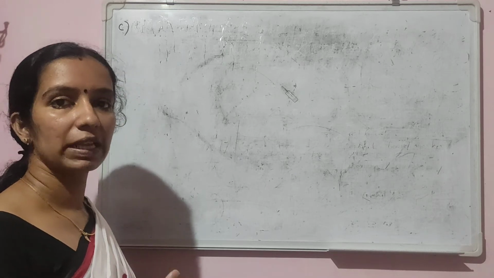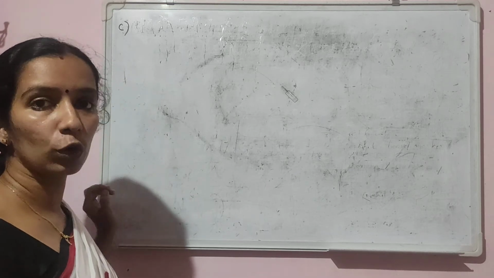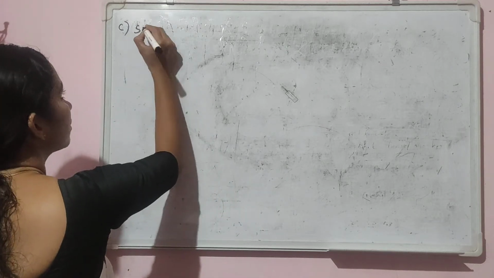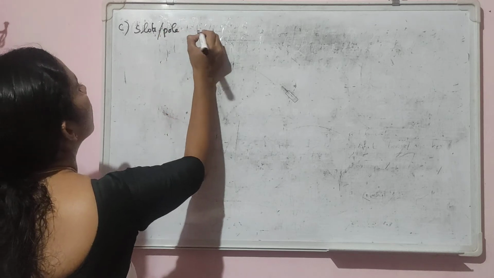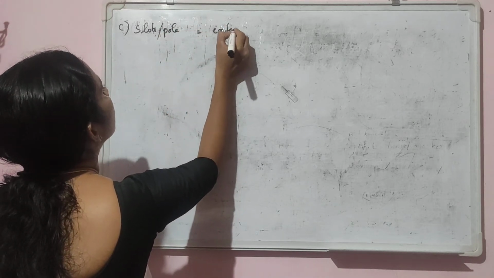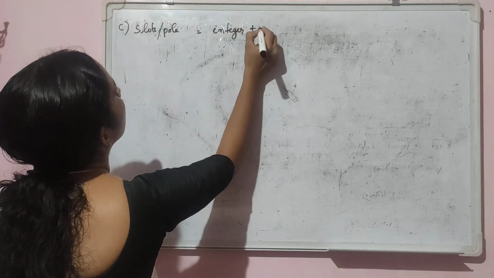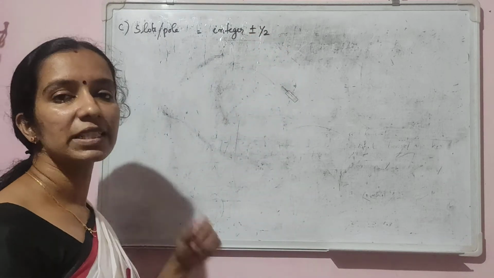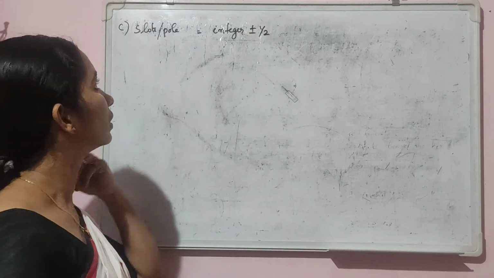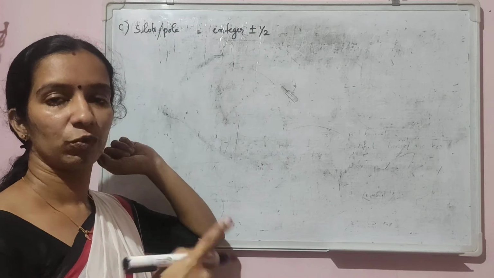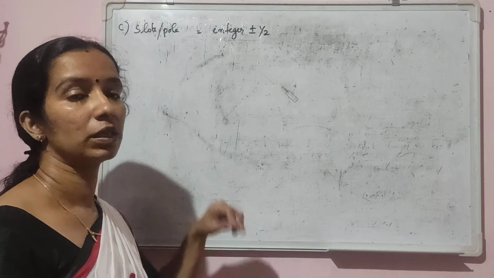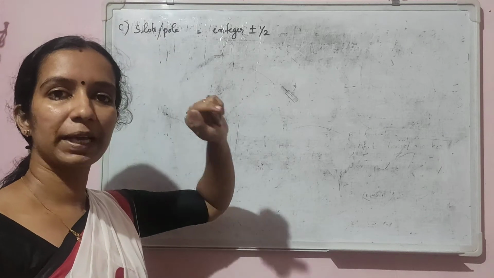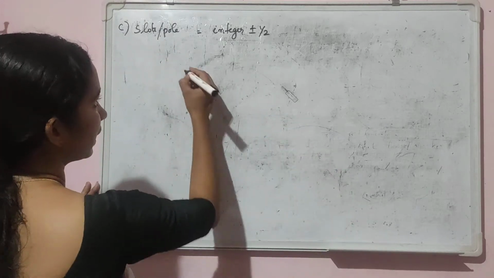To reduce flux pulsation, slots per pole should be an integer plus or minus 1 by 2. So this is for lap winding. For wave winding, instead of slots per pole it will be slots per pole arc. So for lap winding, slots per pole should be an integer plus or minus 1 by 2.